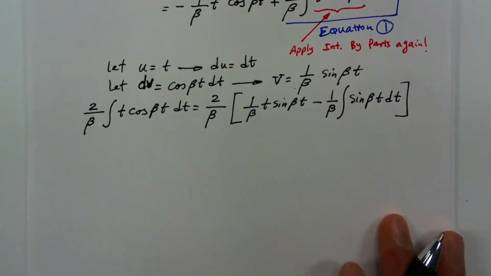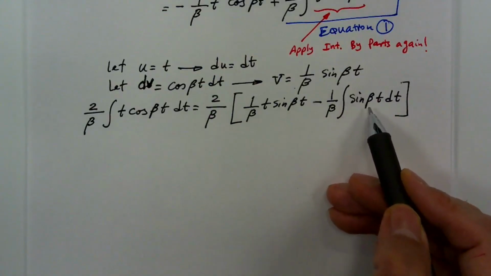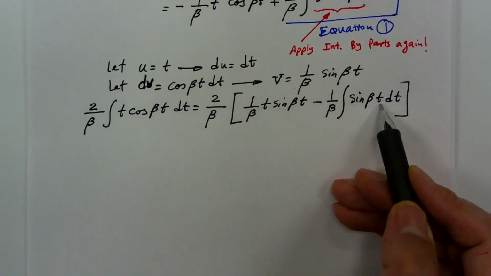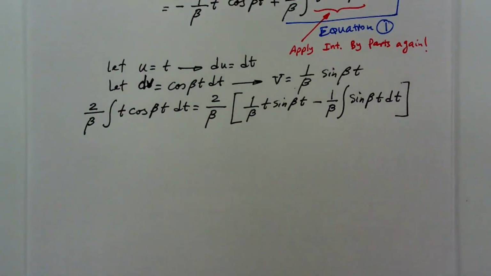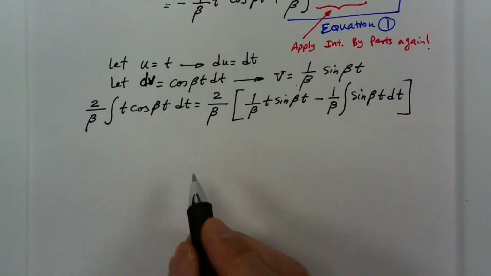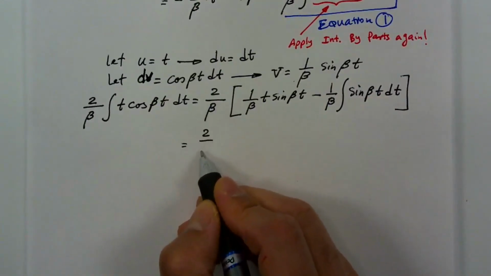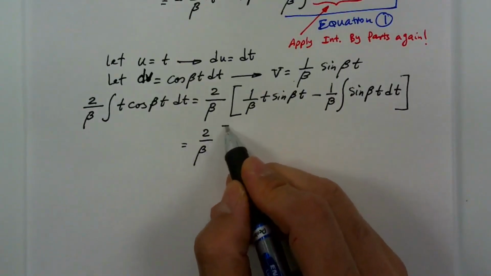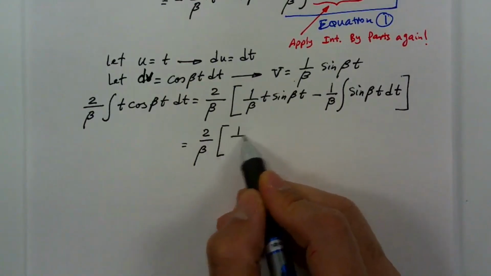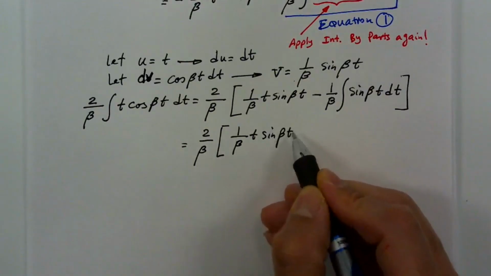Now when we take the integral, you integrate sine of beta t, you're going to end up with minus cosine of beta t times 1 over beta. So let's do that. I'm just going to carry this 2 over beta times 1 over beta t sine beta t.